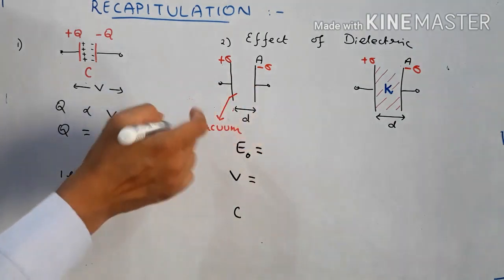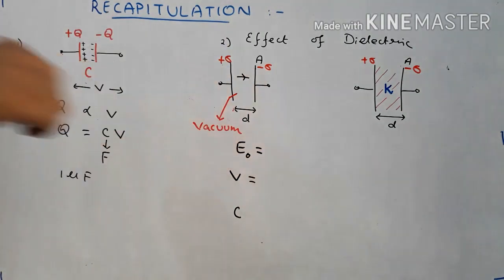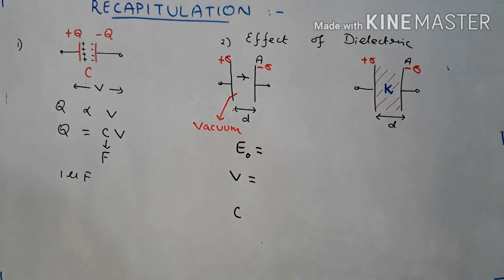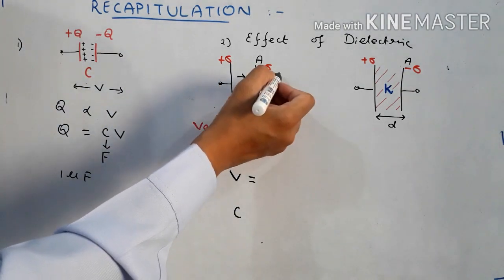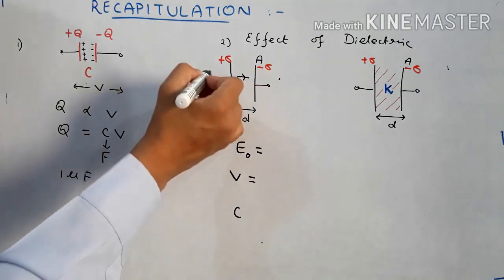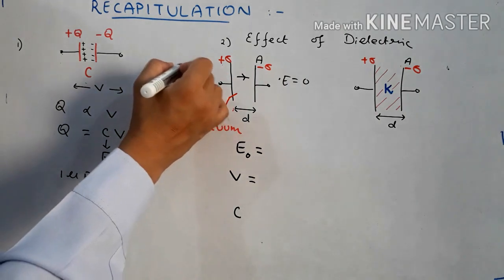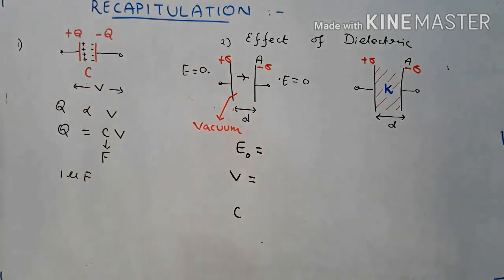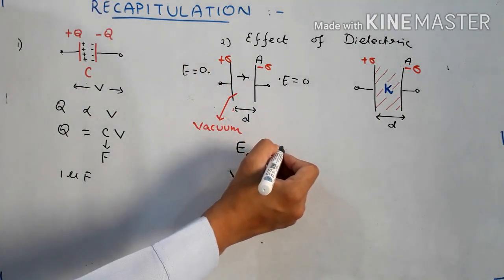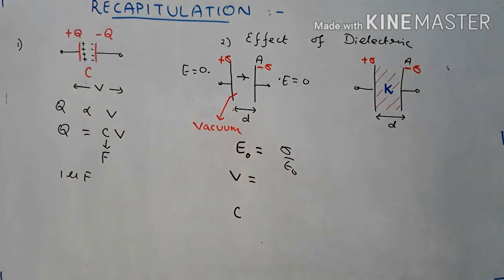Then the electric field between the plates is in the direction from the positive plate to the negative plate. In the region outside the plates, the electric field is 0. Between the plates, the electric field is sigma upon epsilon naught. I discussed this in detail in the last class.